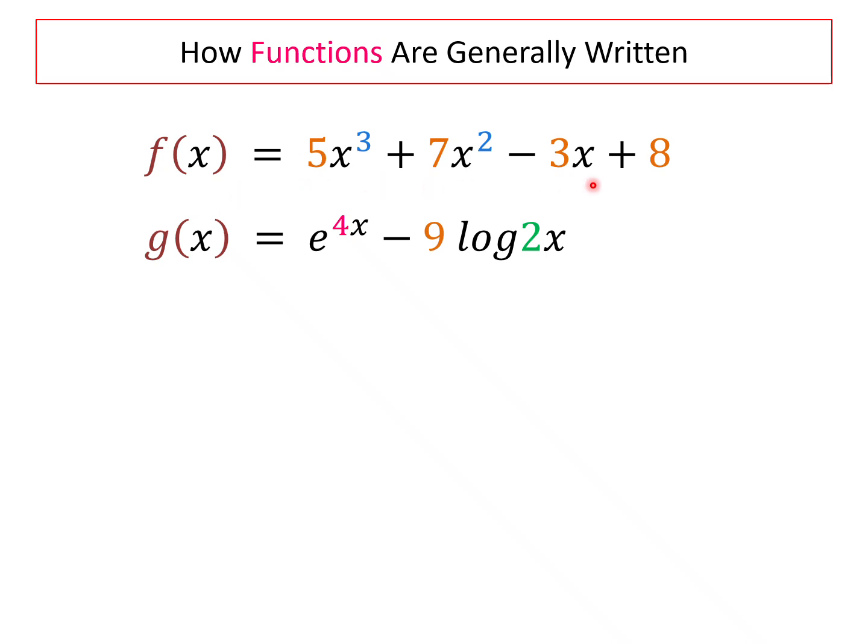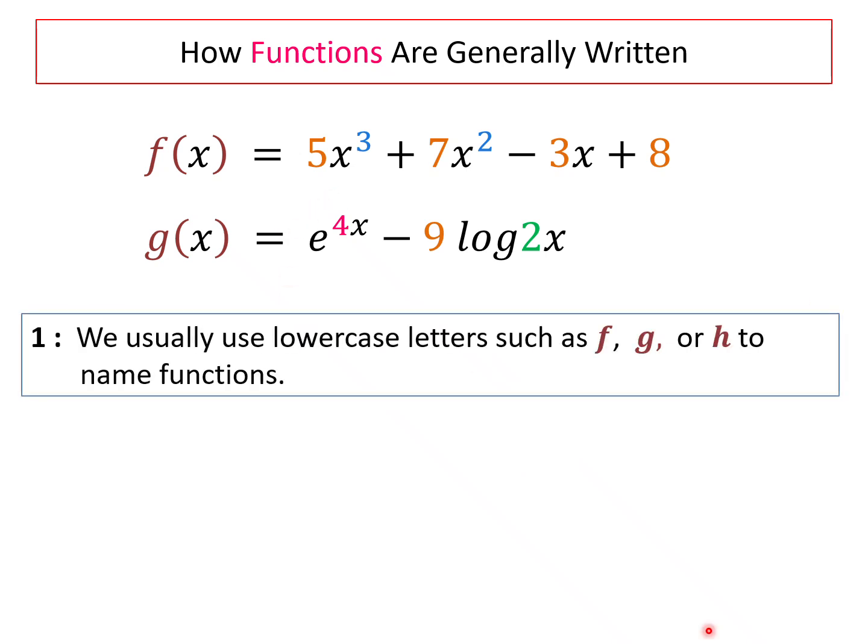Since the expression on the right hand side is in terms of x, we have written f, then opening bracket, x, then closing bracket. Similarly for the second case, since here also it is in terms of x, g of x, opening bracket x and closing bracket. We cannot write f of x in both the places because this is one expression, this is a different one.